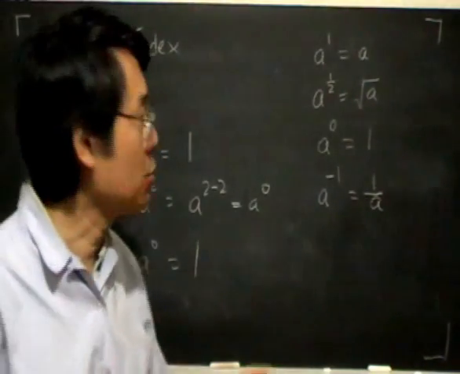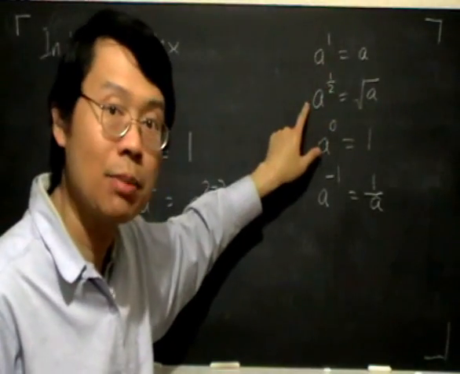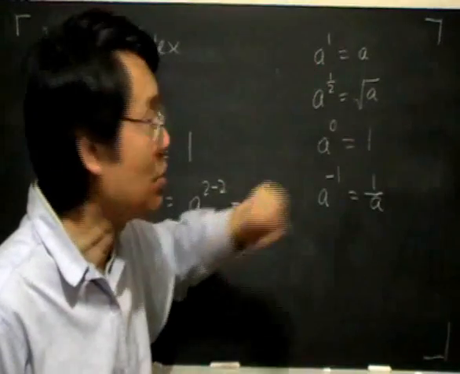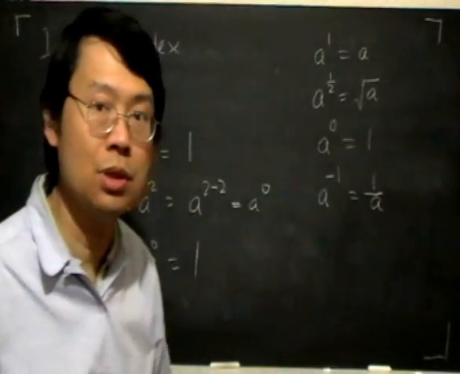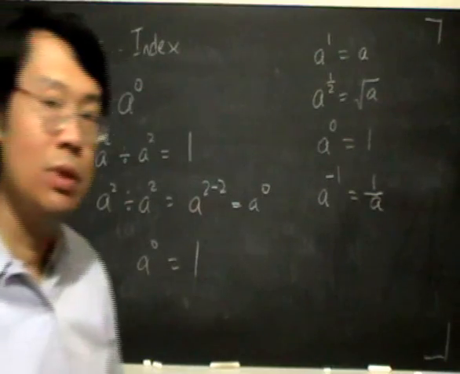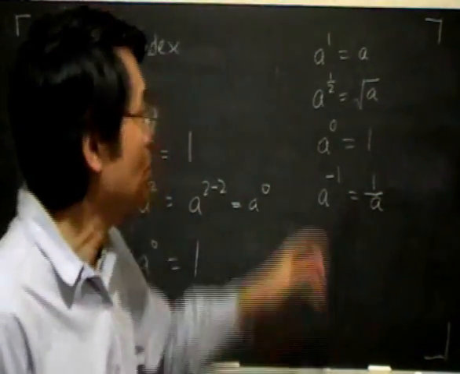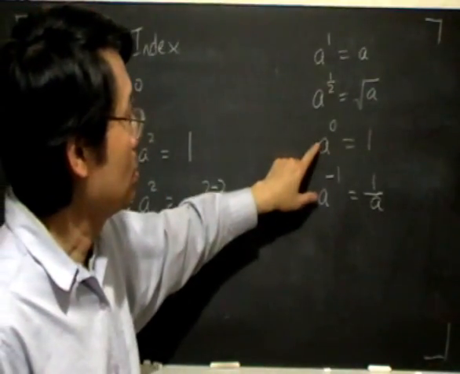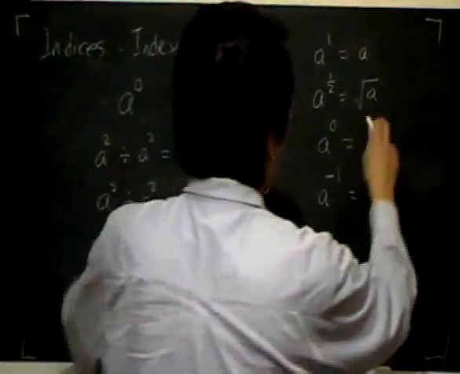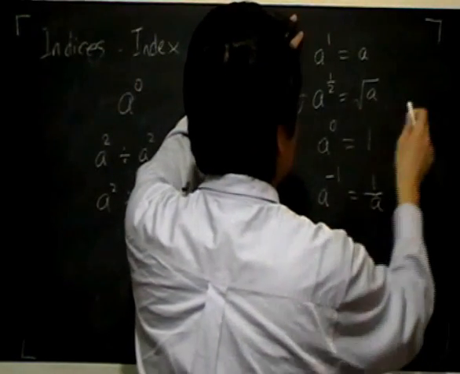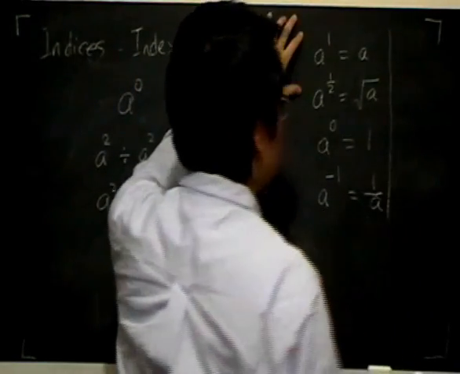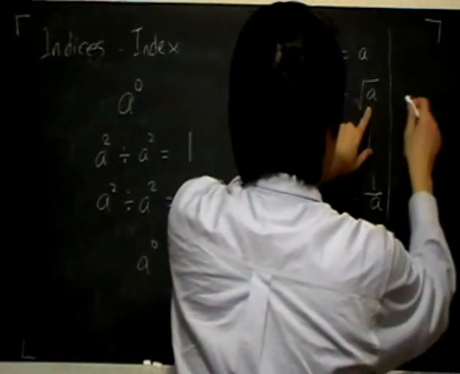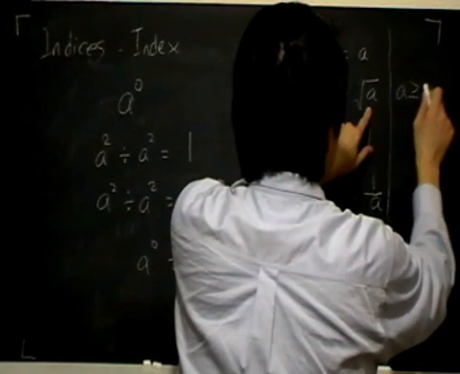Alright, because when you take the square root and get another number, then when you multiply that number by itself, you must get back the original number. And you can never get a minus number when you multiply a number by itself. So in this case, we are in a rather special situation where a must not be negative. So a must be more than or equal to 0.